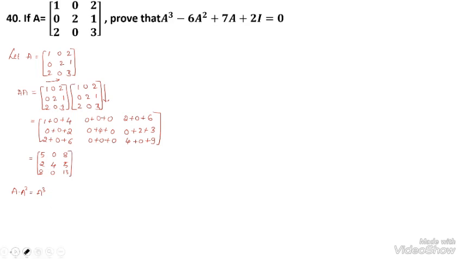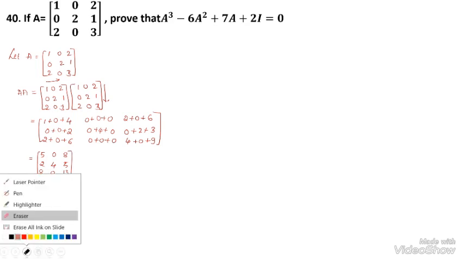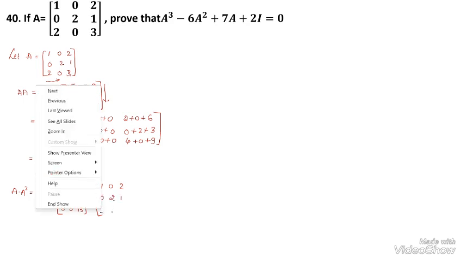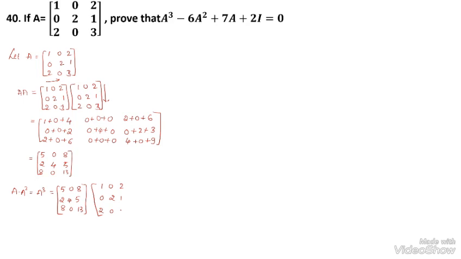While taking the values 5, 0, 8, 2, 4, 5, 8, 0, 13, into the matrix A: 1, 0, 2, 0, 2, 1, 2, 0, 3.